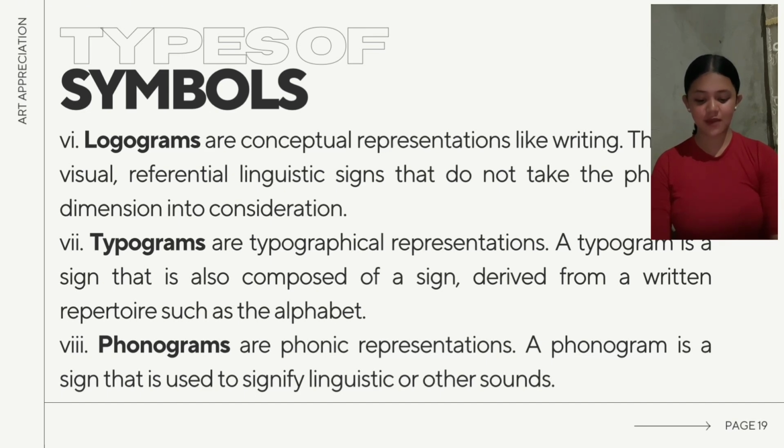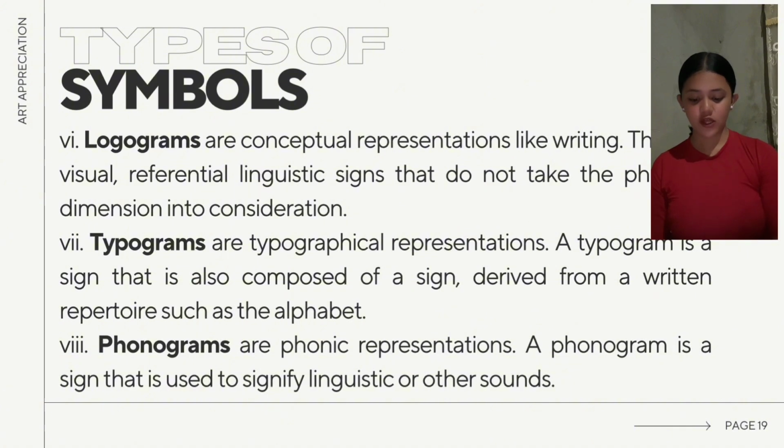So it's not just about what the word says, it's how it looks too. For example, if the word tall is written with stretched tall letters, or the word loud is written in bold uppercase letters, that's a typogram. The way the letters are styled becomes part of the message.